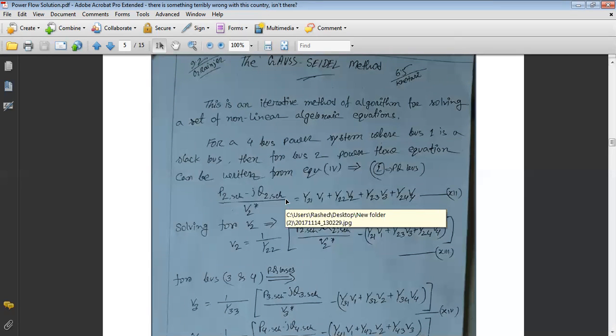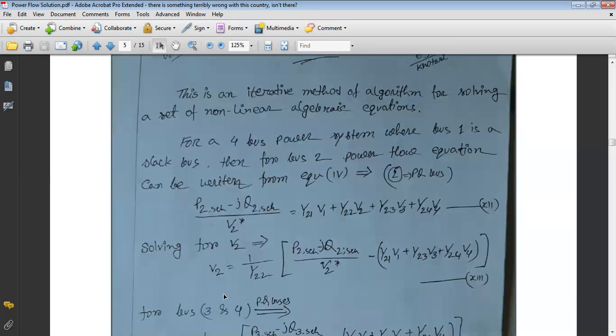If buses 2, 3, 4 are PQ buses, and we want to find the voltage magnitude and angle for bus 2, then the equation should be like this. This is the complex power equation injected from bus 2: P2 minus jQ2 is equal to V2 conjugate into the current I2.